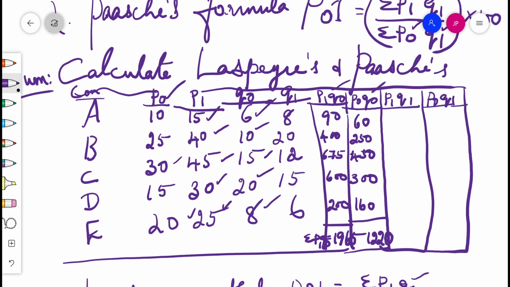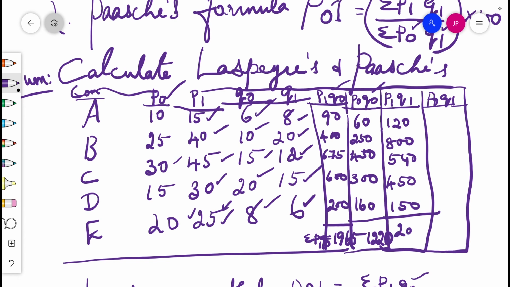So here we get P1 into Q1: 15 into 8 is 120, 800, then 540, 30 into 15 is 450, 25 into 6 is 150. Add it up, and the sum total of P1 Q1 is 2060.